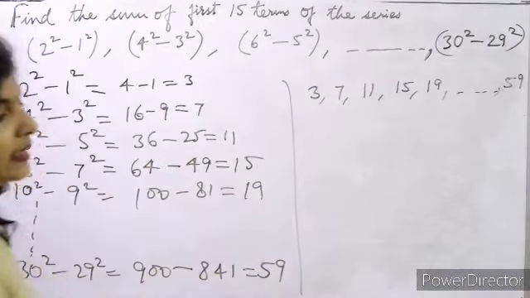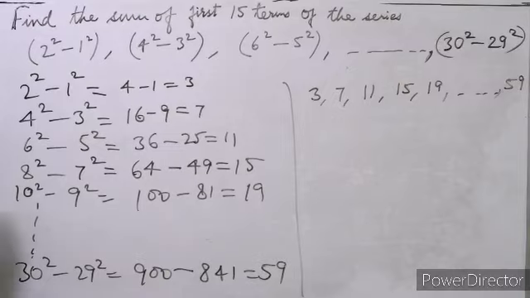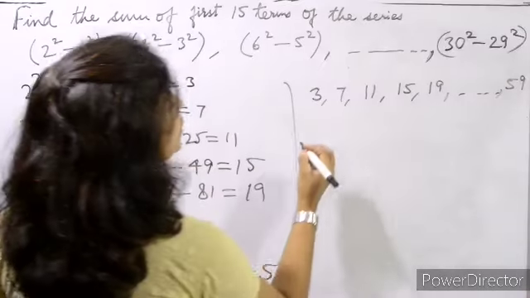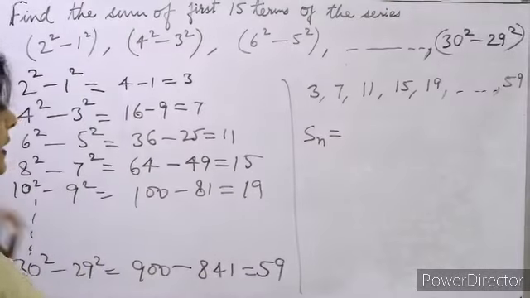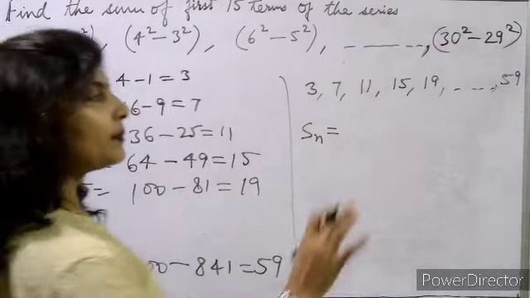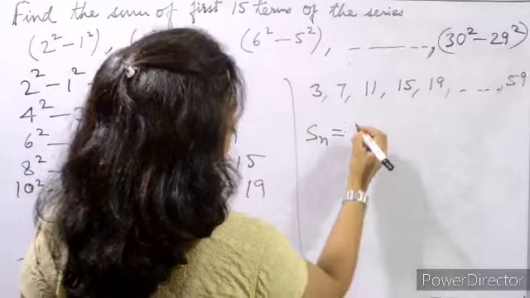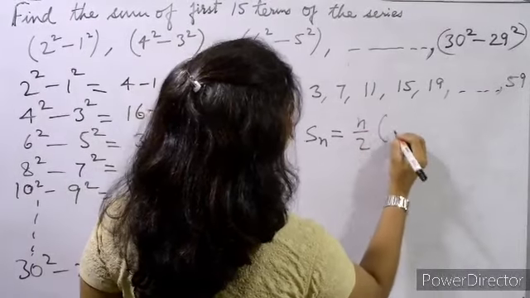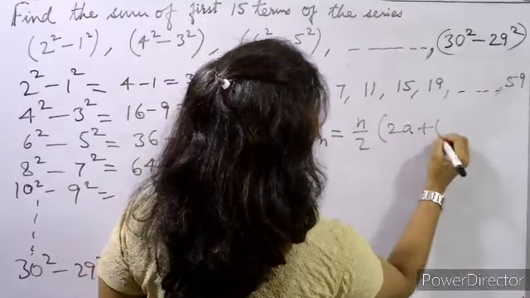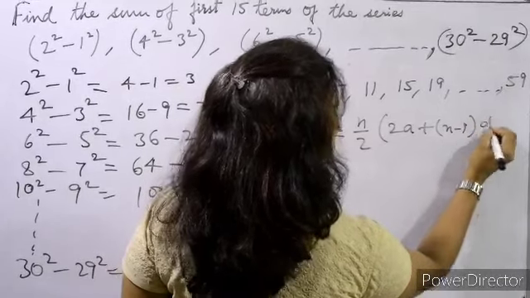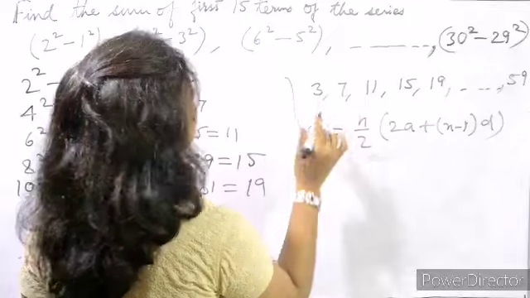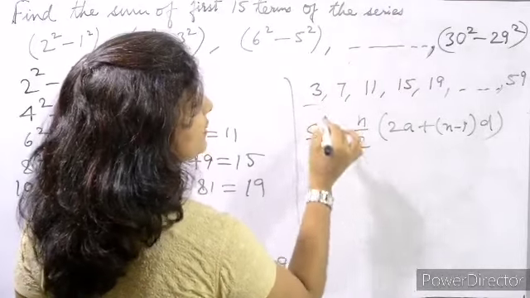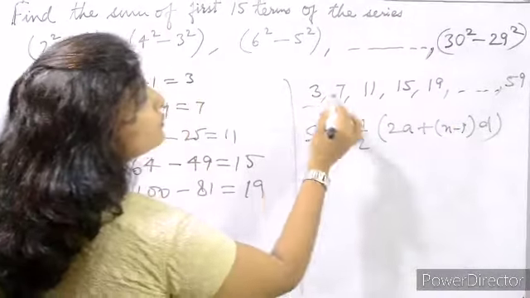Now we will see, we have to find out the sum of 15 terms. So the sum S n. We have already found the last term, the 15th term. Even if we had not found the 15th term, in that case also we can apply the formula n/2 into 2a plus n minus 1 d. Like n is 15 and a is 3 and d is 4.